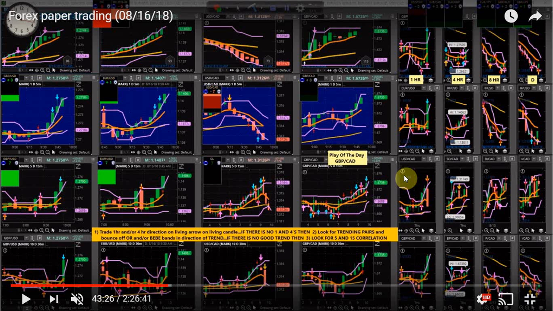Same explanation. Trade 1 hour and or 4 hour direction on living arrow on living candle. And once again, I'm going crazy about these blues because look, the 1 hour has broke through the bands.